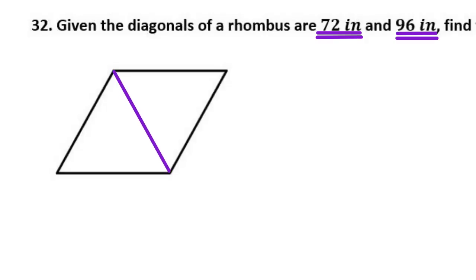So this right here would be my 72 inches, and this right here would be my 96 inches. What happens right in the middle where they cross each other? They intersect. Specifically how? They make a right angle with each other.